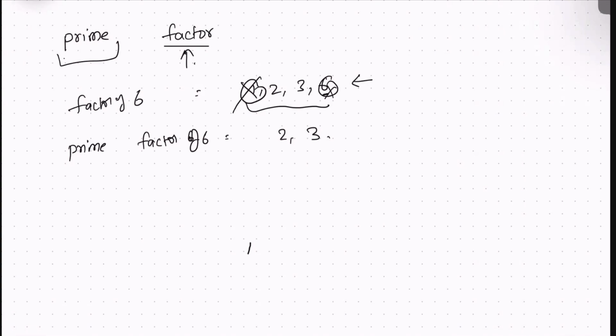There is one method, prime factorization. This is extensively used whenever you are dealing with LCM and GCF. So let's understand this process, prime factorization, and then we will see how we can find the LCM and GCF of the numbers.